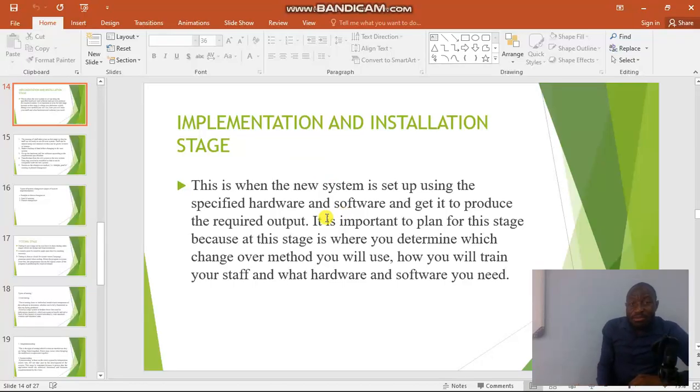To start with the implementation and installation stage, here we have the words implementation and installation. From these words, we can think of implementing something, installing something. When you are talking about implementation in the system development life cycle, this is when a new system is set up using the specified hardware and software and made to produce the required output.